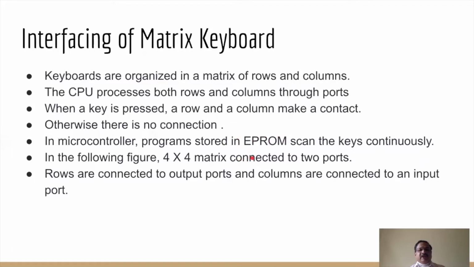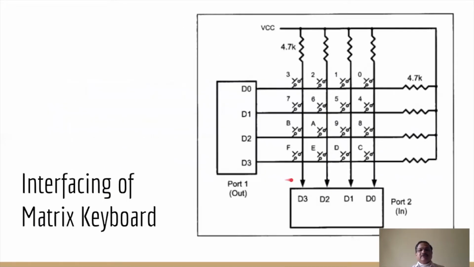To understand that, next we'll see how the 4x4 matrix keyboard is connected to the two ports. Rows are connected to the output ports and columns of the matrix keyboard are connected to the input ports. Here you can see, this is the output port, the rows are connected, and this is the input port where the columns are connected.